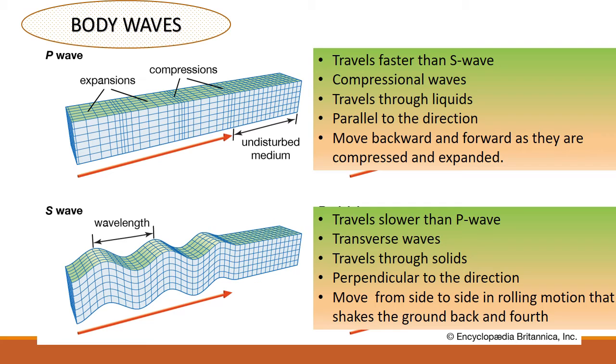Ayan. Yan yung parang nakikita nyong alon. Parang sa dagat. So, it moves from side to side in a rolling motion. So, bakit kaya? Mamaya, malalaman ninyo kung anong relasyon itong mga waves na to sa layers of the Earth.